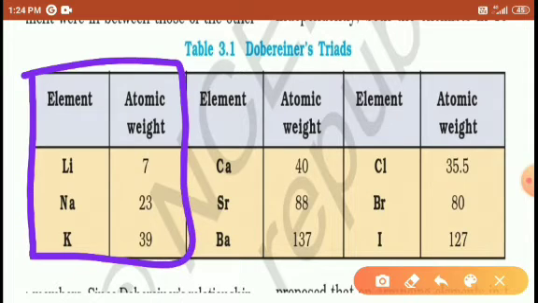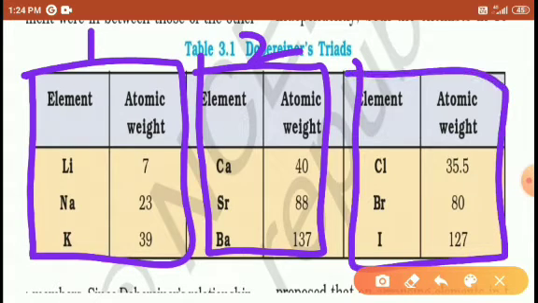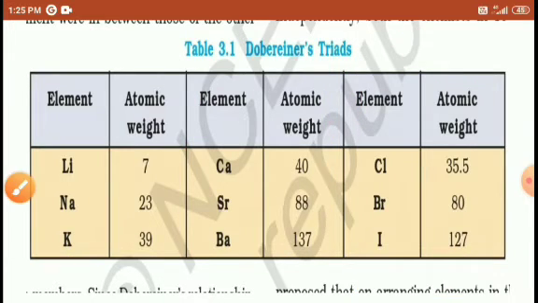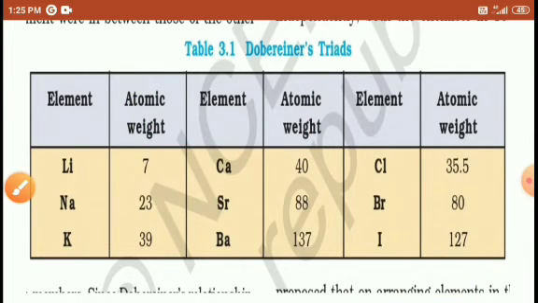This is the first triad, this is the second triad, and this is the third triad. He was unable to make more than these three groups. So that's why this theory failed, students.